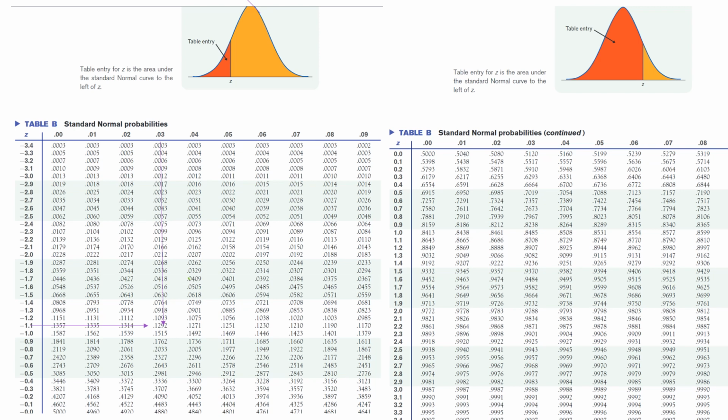So the value will be 0.1292. So the probability of z less than negative 1.13 is 0.1292. This table always gives the cumulative values, that is the area lying to the left of it. That's why that shaded region is given. So we get only those values using the table.